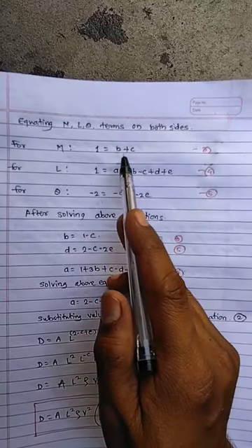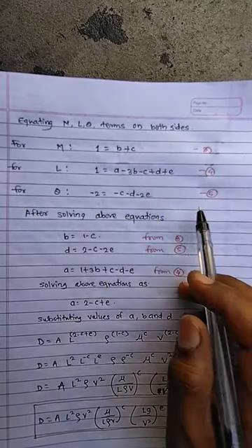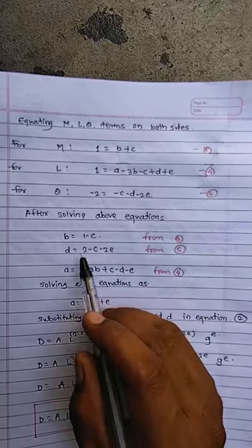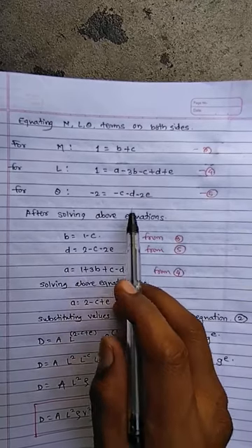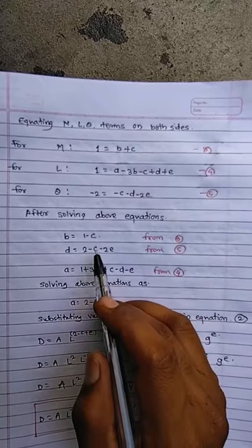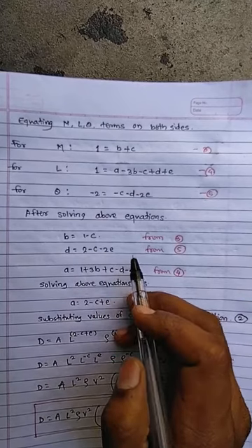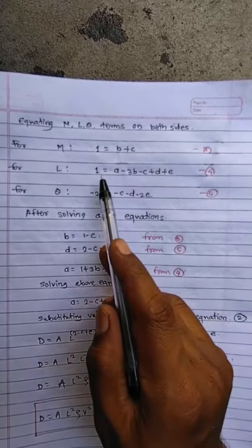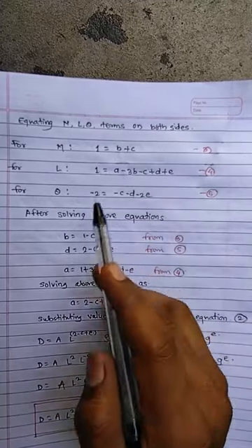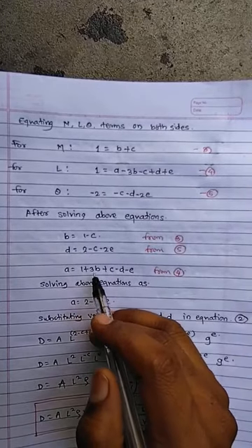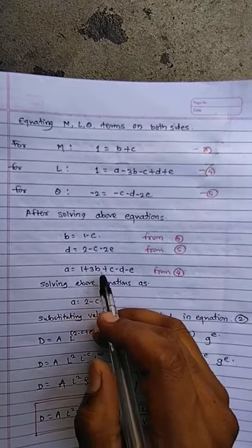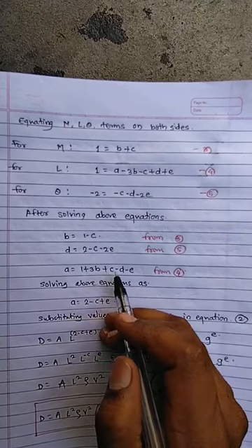After solving equation number 5 we have d is equal to 2 minus c minus 2e, and for a, from equation number 4, a is equal to 1 plus 3b plus c minus d minus c.